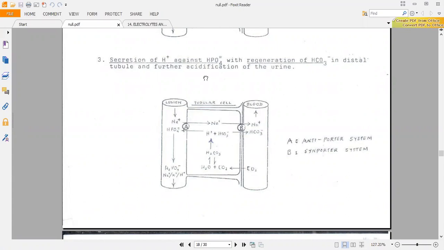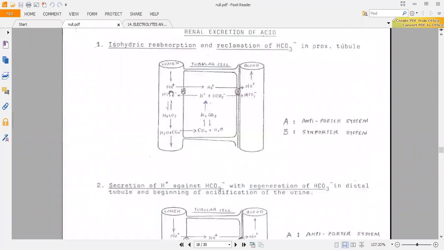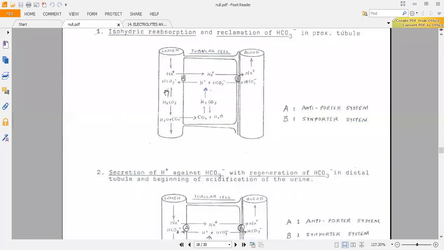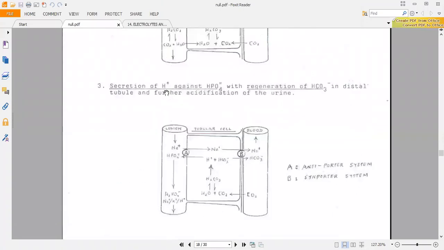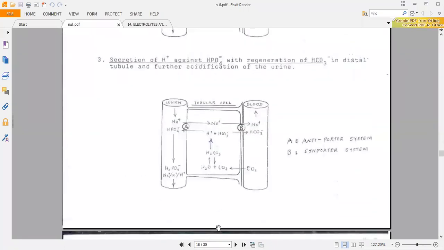The difference is that here all we did was to reabsorb the filtered bicarbonates. So here is just reclamation. We are just reclaiming the bicarbonates. But when we come to this side or this one, we are not reclaiming any bicarbonates, but we are rather producing new bicarbonates from carbon dioxide.